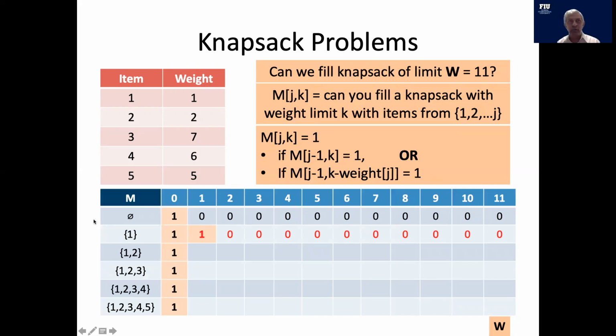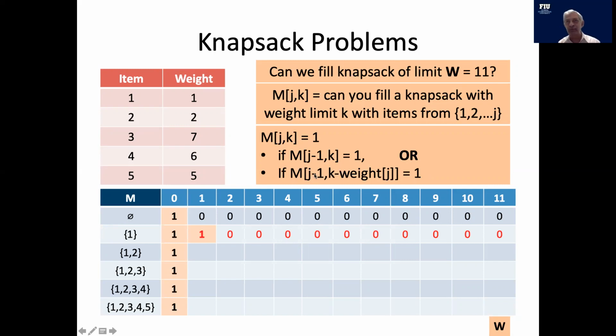Remember, in going from the previous row to this row, I now have a new item that I could choose from. If I were to add that item, then I would have occupied some amount of weight of the knapsack already. So all I have to do is to make sure that I can pick the rest of the weight limit using previous items. And that's what we are doing.